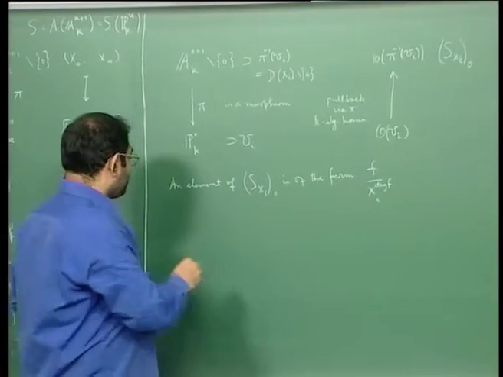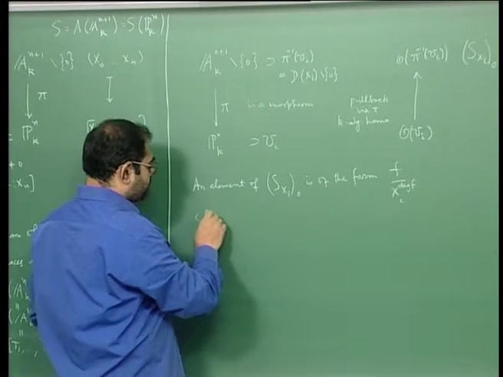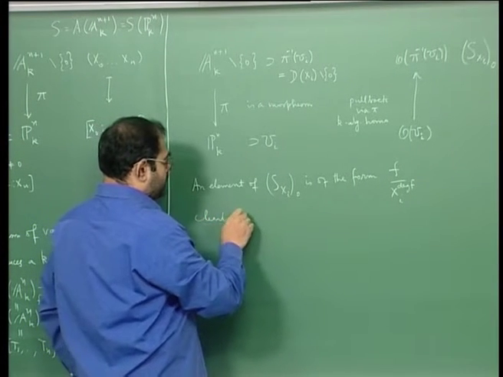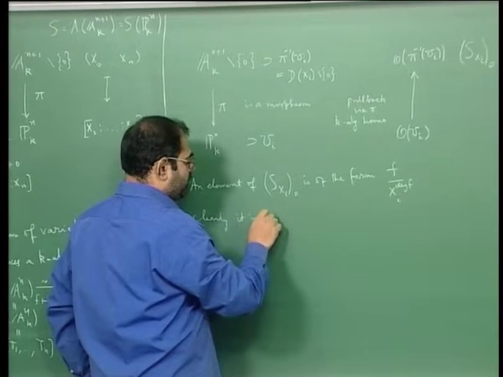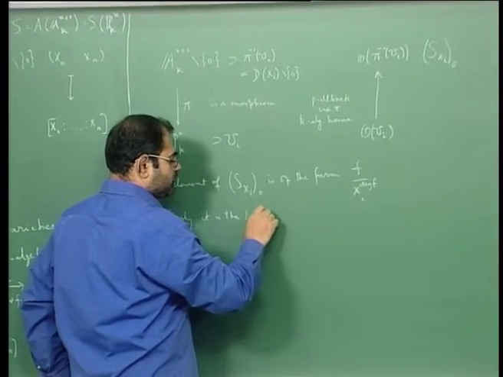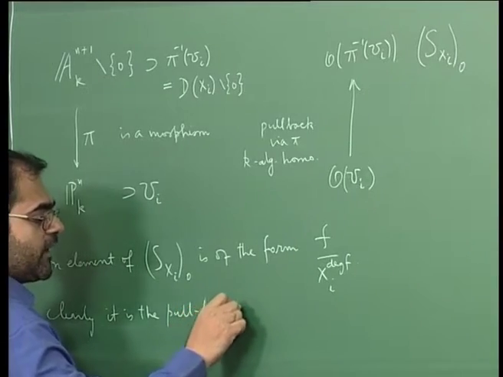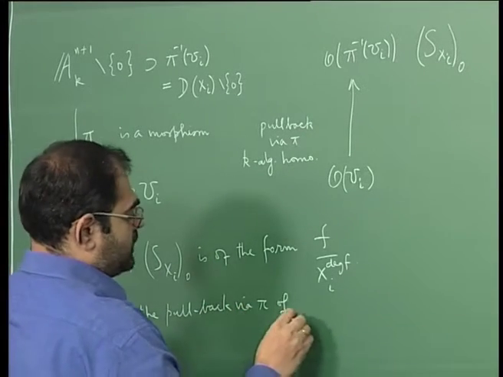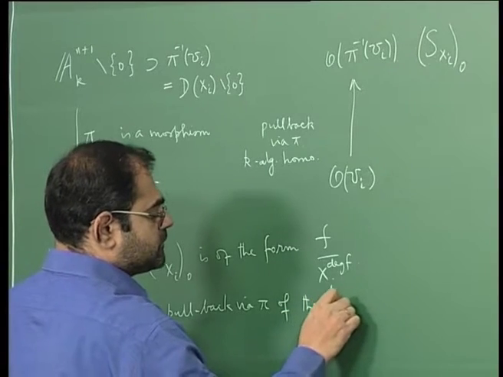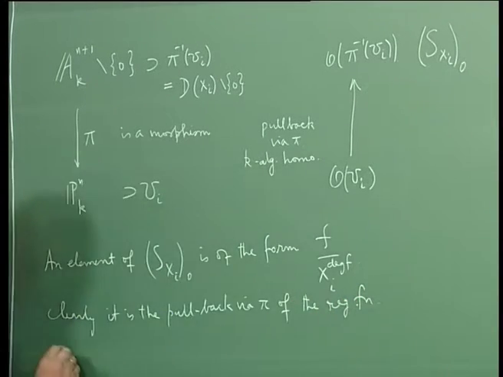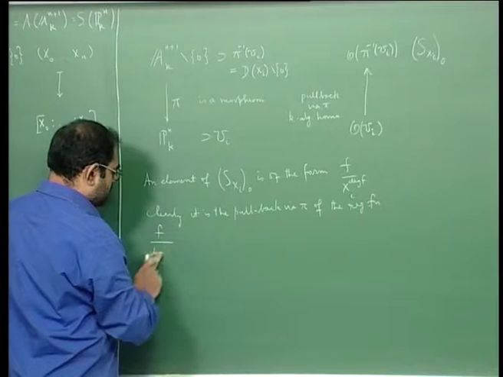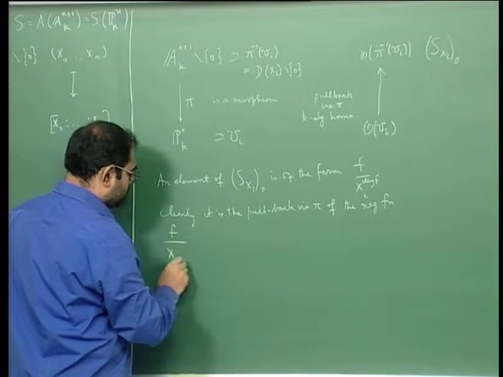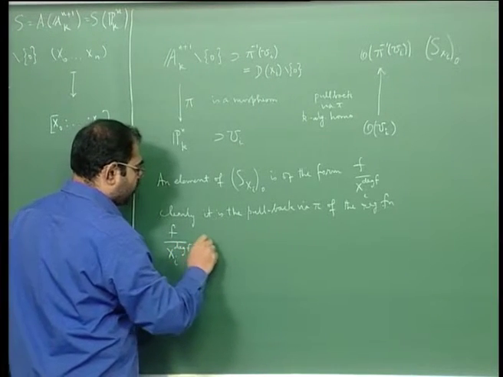So it is very clear that it is the pullback via pi of the regular function f by xi to the degree f, which is in O of ui.